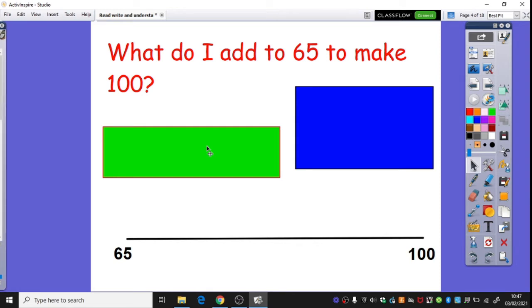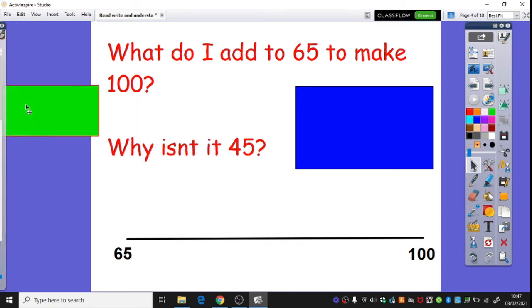What do I need to add to 65 to make 100? Why is it not 45? Let's have a look at what we need to add to begin with. We're starting on 65 and we want to get to the next 10, which is 70. So we're going to need to add 5.